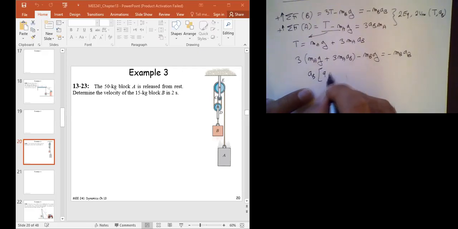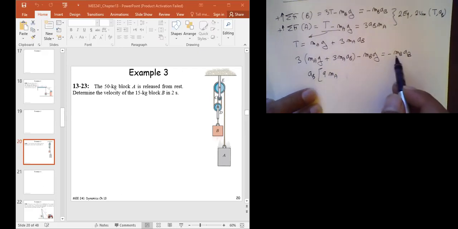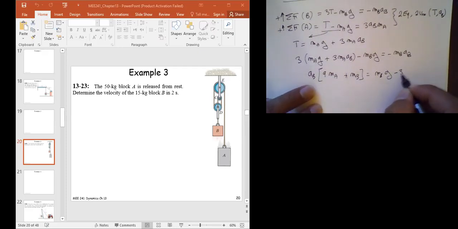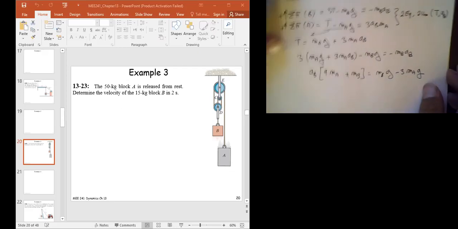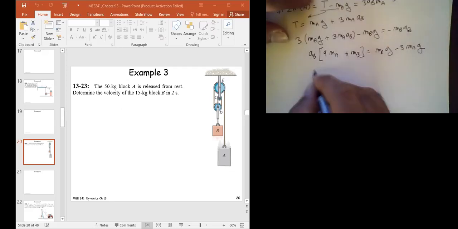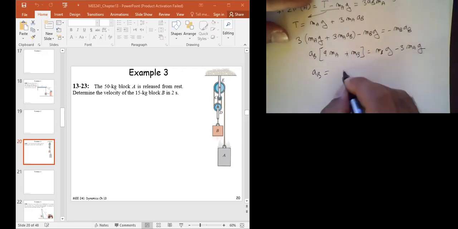So I have 9 MA, 3 times 3 is 9 MA, and then here I have plus MB. You guys agree? Then if I put this guy on the other end, I'm going to have MBG minus 3 MAG, correct? I can rewrite this. I can say that AB is equal to MB minus 3MA divided by 9MA plus MB.